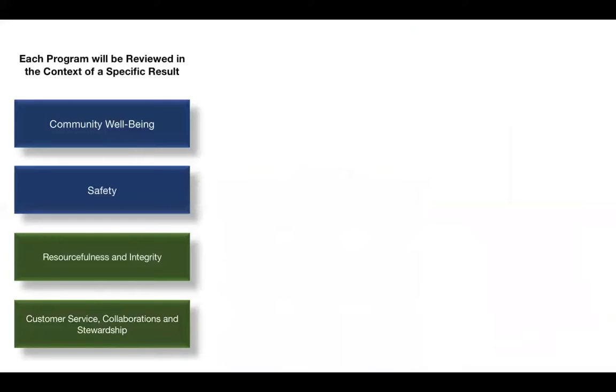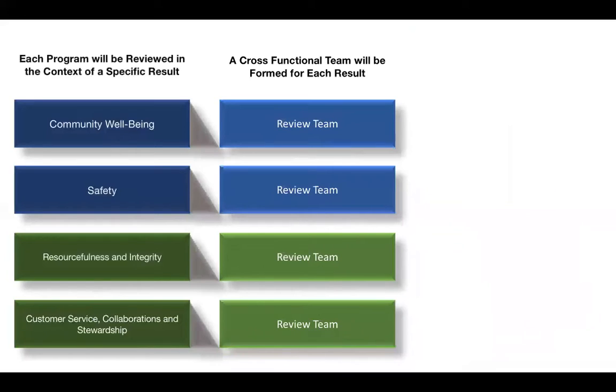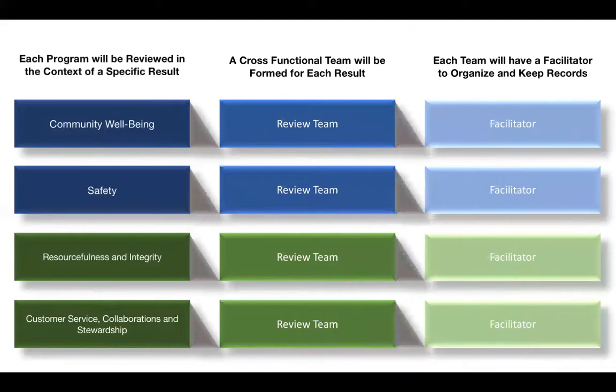Like I said, each team will be assigned a specific result area. Every single program in the inventory will be reviewed during the peer review process. We are going to assign a team to each result, and we are going to have a facilitator for each one of those teams.